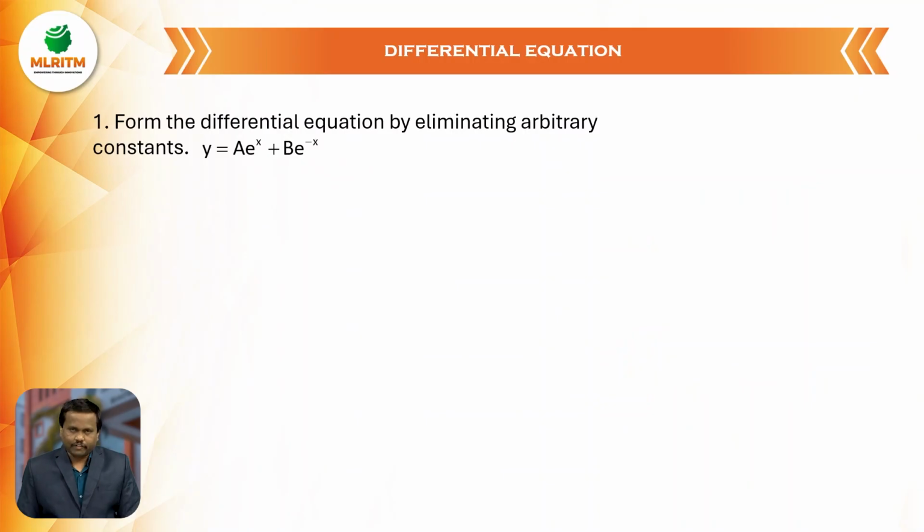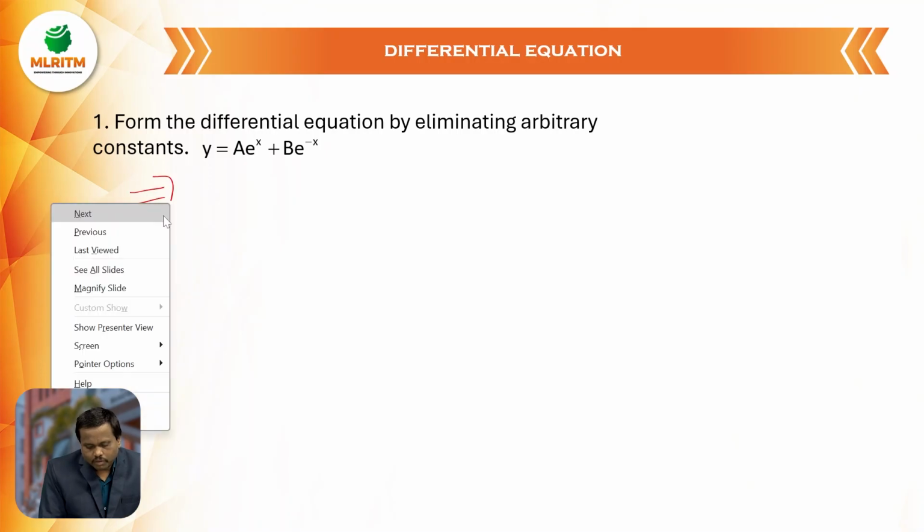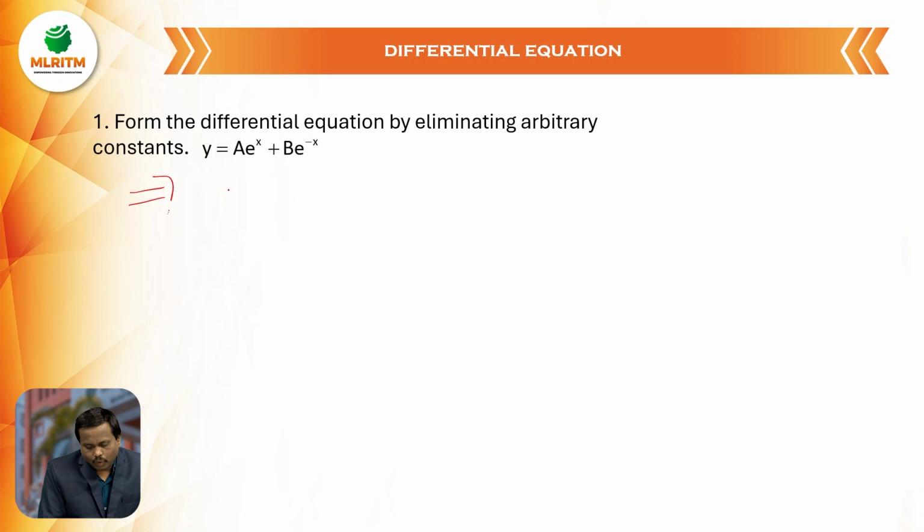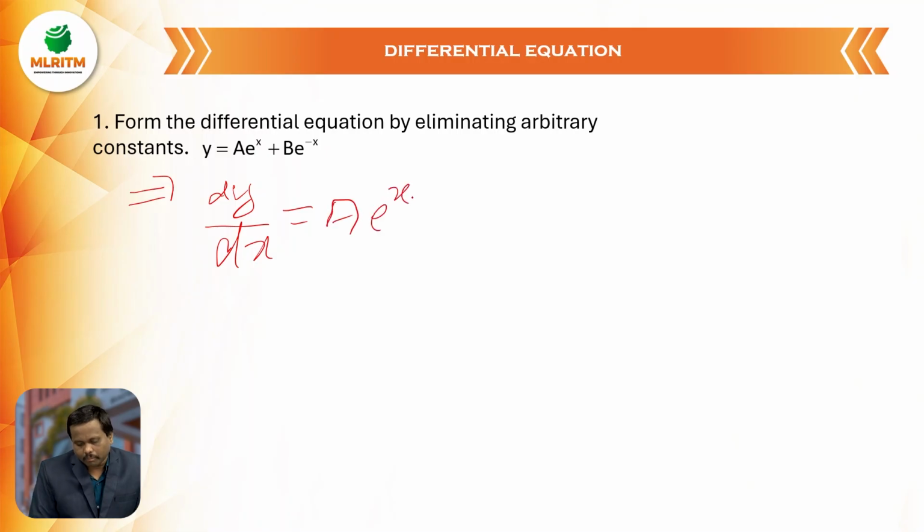So first, differentiate with respect to x. y equal to a e power x plus b e power minus x. So dy by dx is equal to, we know that the derivative of e power x is e power x only, so a e power x.